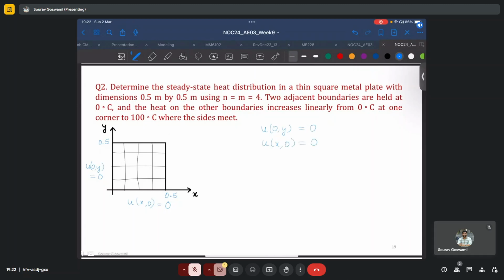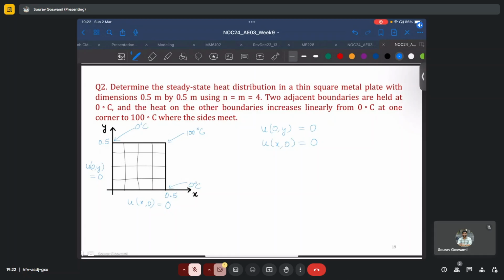Now for the other two sides we are told that the heat increases linearly from 0 degrees C at one corner to 100 degrees C at the corner where the sides are meeting. So at this corner the temperature is 100 degrees C, whereas at the bottom it is 0. Also for this corner it is 0, and the temperature is changing linearly.